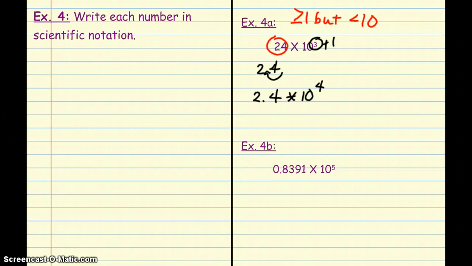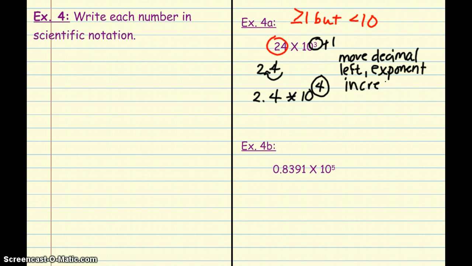So when you move that decimal, this exponent here that you have in the scientific notation is going to get bigger. Move the decimal to the left, exponent increases. And as you might imagine, in a few days we'll talk about what happens if we move that decimal to the right. Instead of increasing that exponent, then it'll decrease.